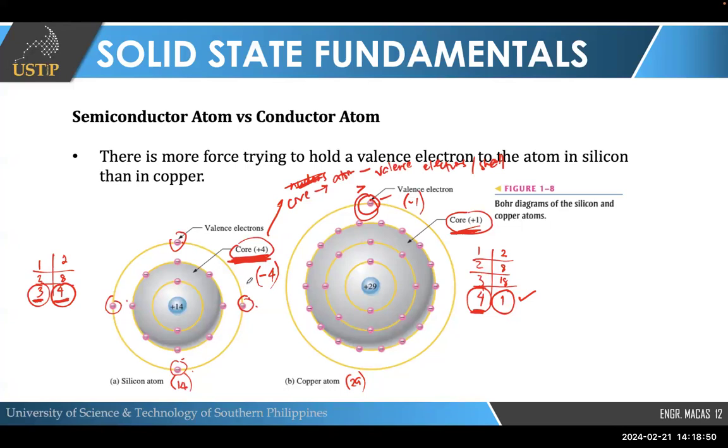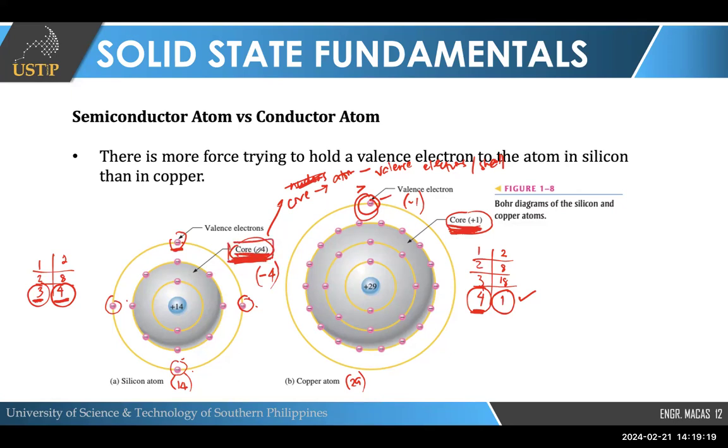So in this way, you can also tell that aside from the fact that the valence electron in your copper atom has a higher energy than the valence electrons in the silicon atom, another thing that adds to its conductivity is that the core of your copper atom has only a plus 1 charge compared to your silicon atom.